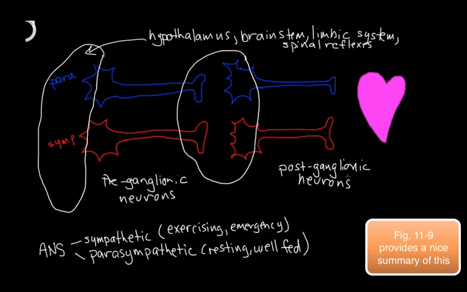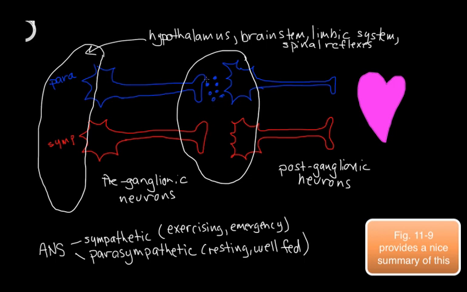So let's look first at the neurons that are part of the parasympathetic nervous system. So we have a preganglionic neuron and a postganglionic neuron. And of course, where they communicate with each other in the ganglion is a synapse. And so in the parasympathetic nervous system, the preganglionic neuron is going to release some neurotransmitter, which I'll put in here.